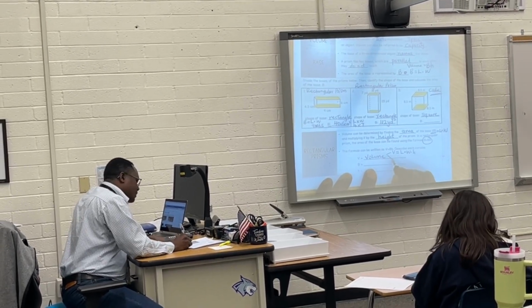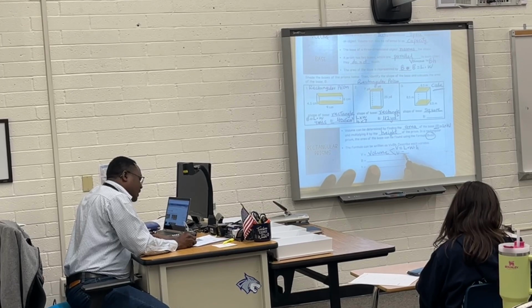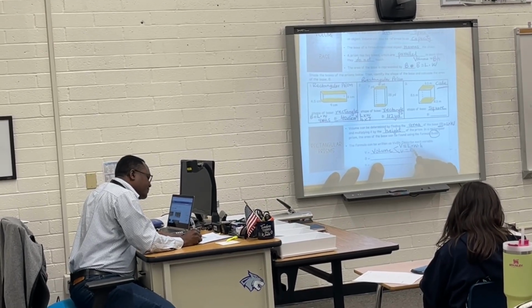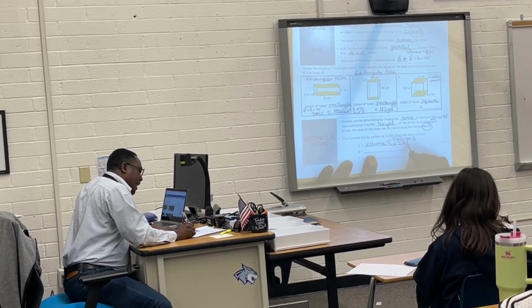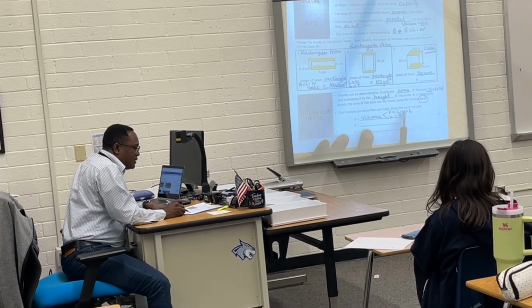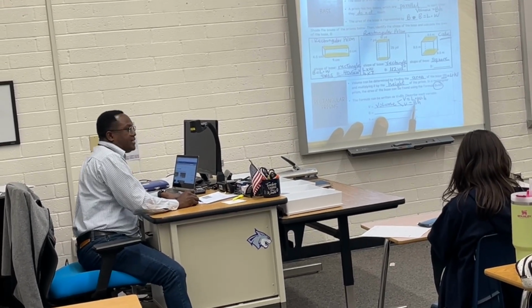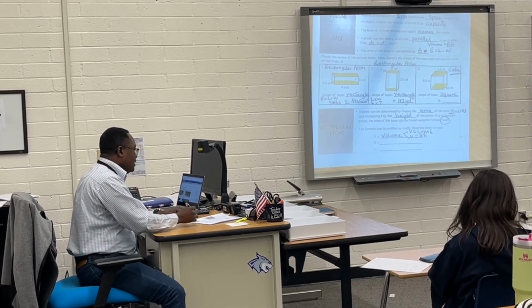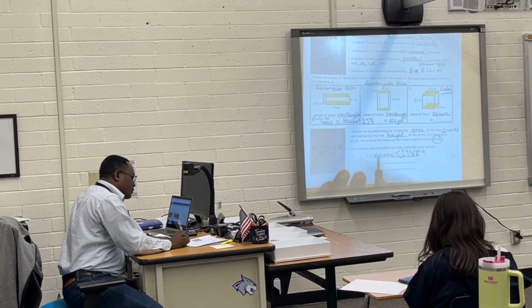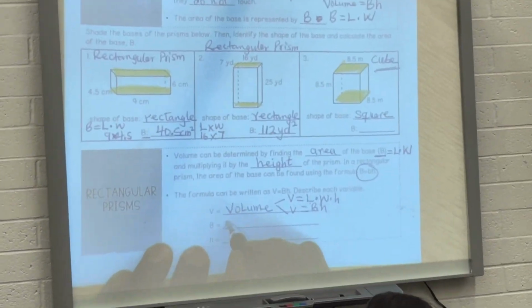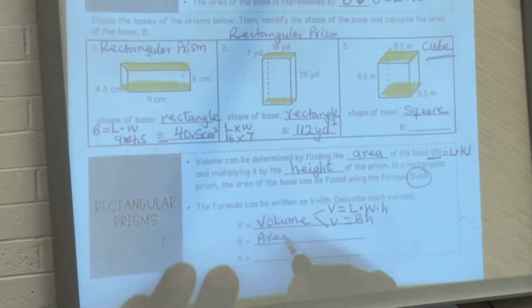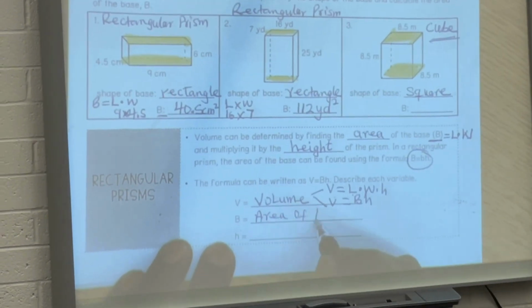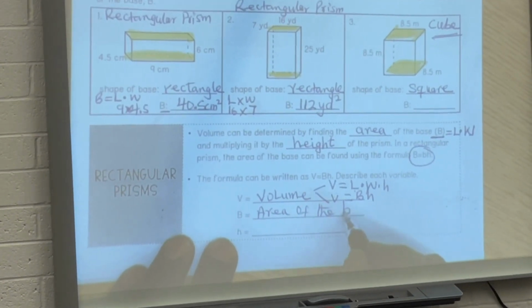We also know that the volume is the base times the height. The length times the width is the base area, and it's times the height. Where the B stands for the area of the base.